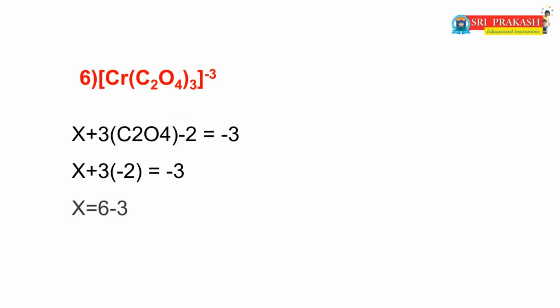Next example, [Cr(C2O4)3]3-. C2O4 is oxalate. Already you all know that the charge of oxalate is minus 2. So in this complex, the chromium oxidation state is plus 3.